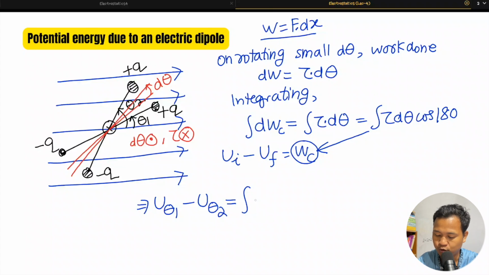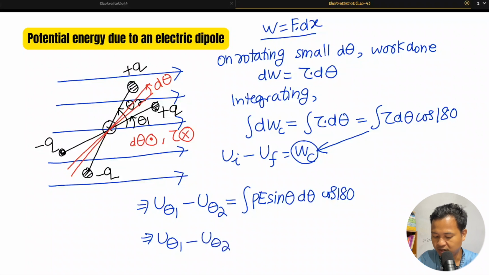The value of torque is PE sin theta into d theta into cos 180. Cos 180 is minus 1. So U at theta 1 minus U at theta 2 should equal minus PE times the integration of sin theta d theta, with limits theta 1 to theta 2.